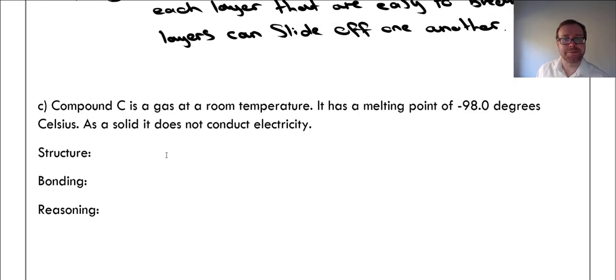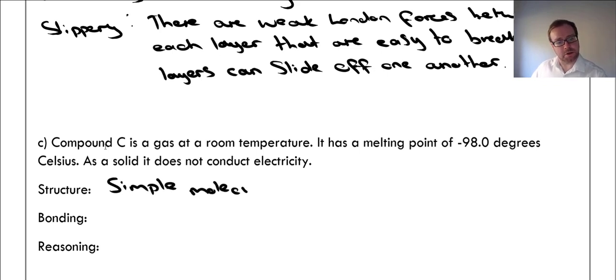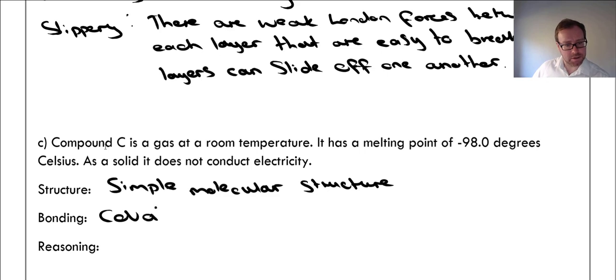So compound C is a gas at room temperature with a melting point of minus 98 degrees Celsius. As a solid, it does not conduct electricity. Right, so the only one of our structures that has a really low melting point is simple molecular. So it must have a simple molecular structure. Its bonding is covalent. Remember, we're talking about in the molecule.